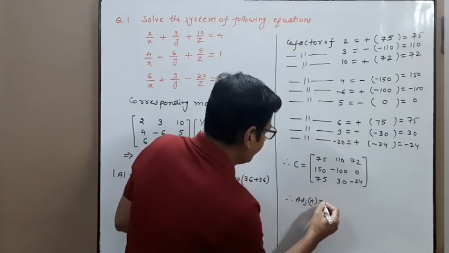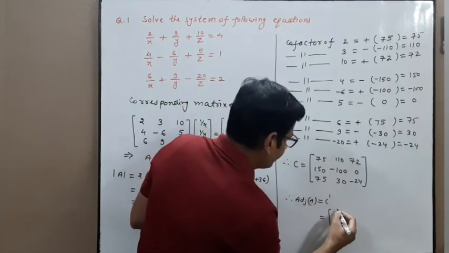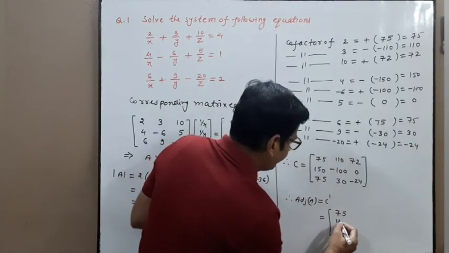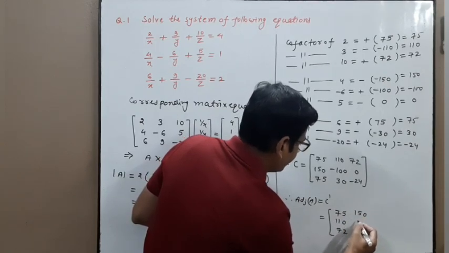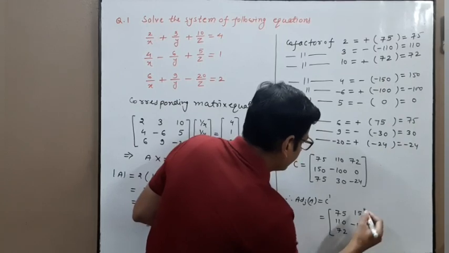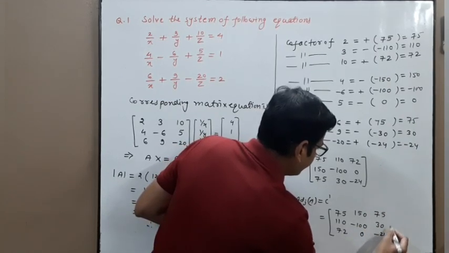Adjoint A is equal to the transpose of the cofactor matrix. So the transpose of this: 75, 110, 72; 150, minus 100, 0; 75, 30, minus 24.